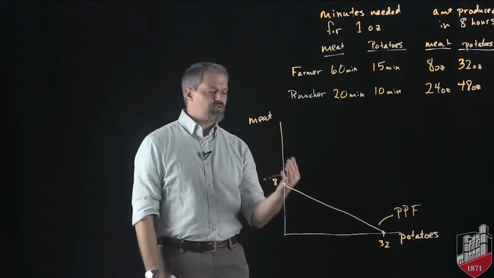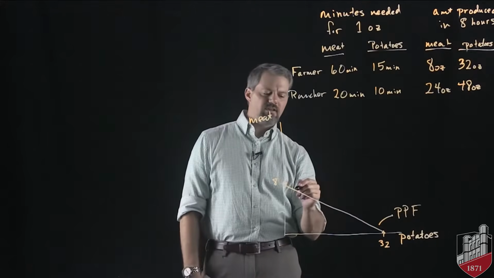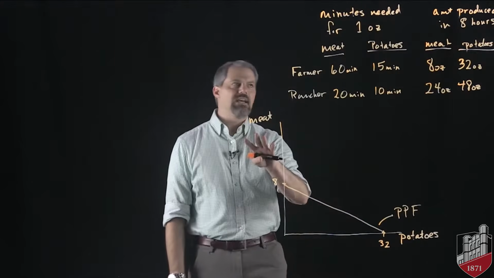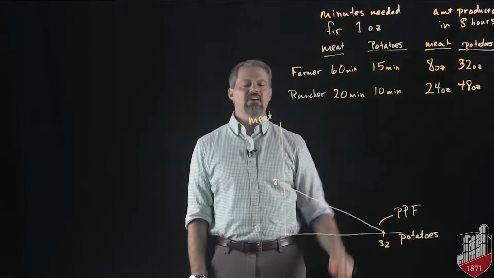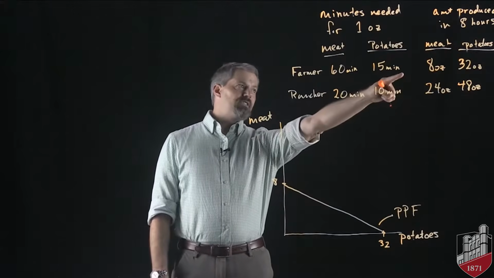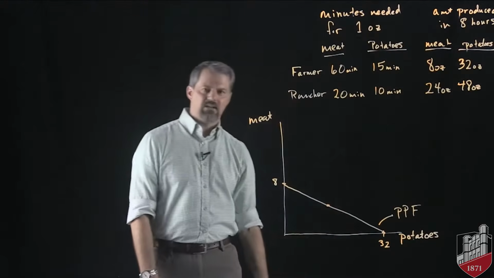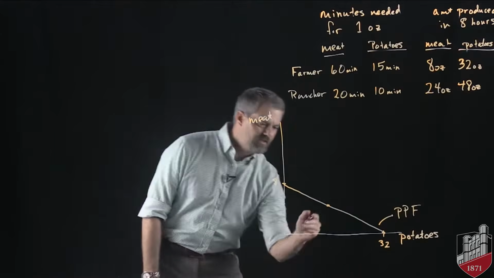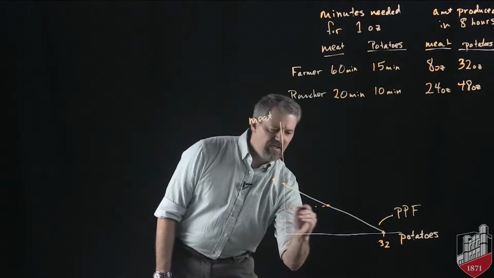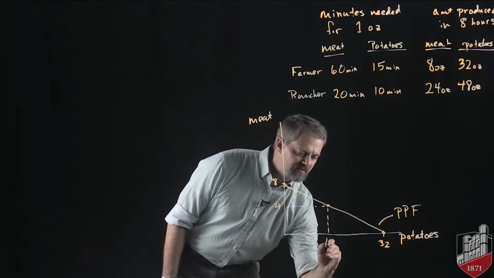Let's just arbitrarily pick a point for them to start with, and let's suppose that the farmer spends half of their day making meat, the other half making potatoes. In that case, they would have 4 ounces of meat and 16 ounces of potatoes. That would be a point right here in the middle of the production possibilities frontier. So that point has coordinates 4 ounces of meat, 16 ounces of potatoes.